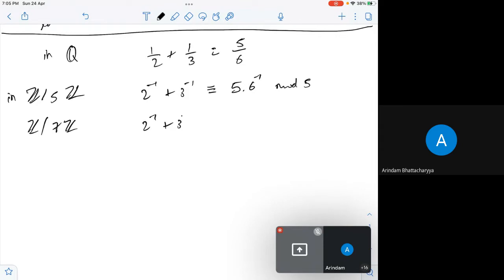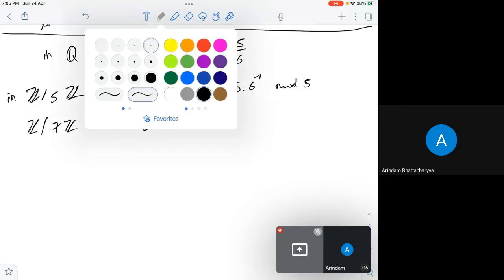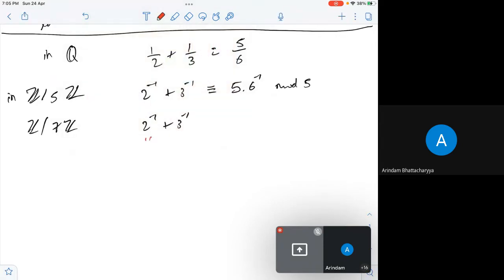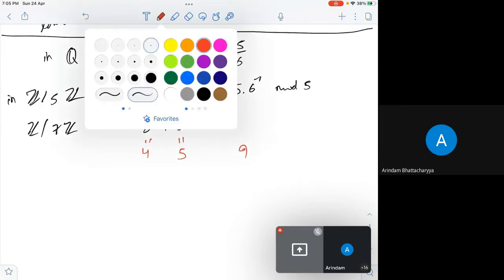Or let's say if you take 7Z, again 2 inverse plus 3 inverse is what? 2 inverse mod 7 is 4, and this is 5. This would be 9.